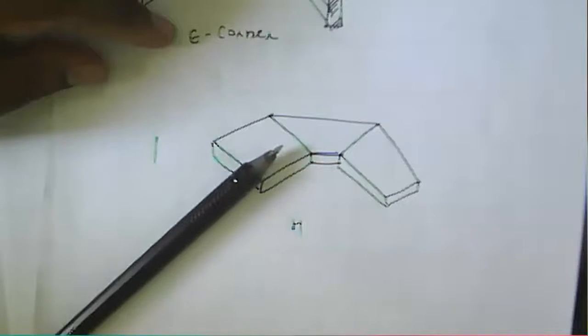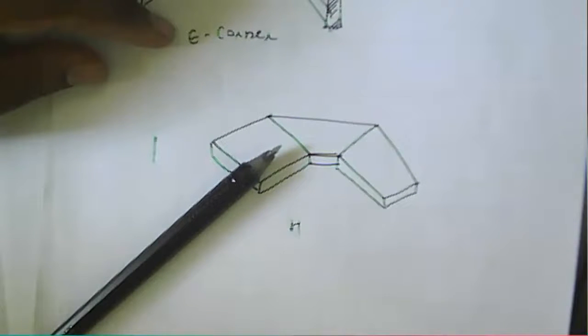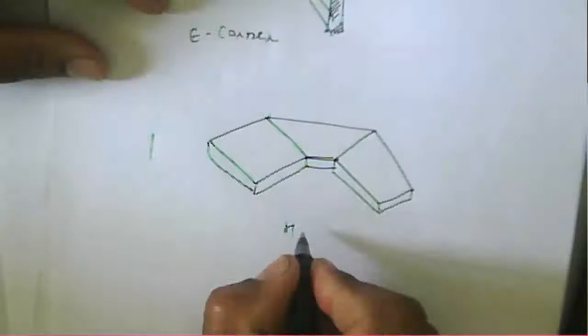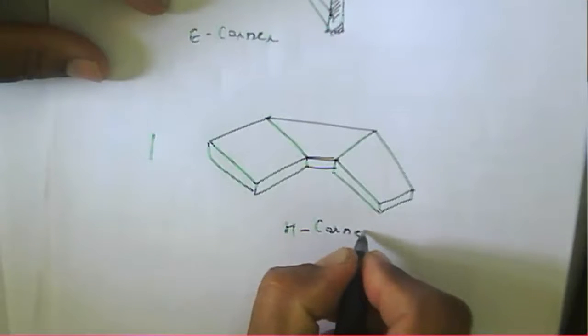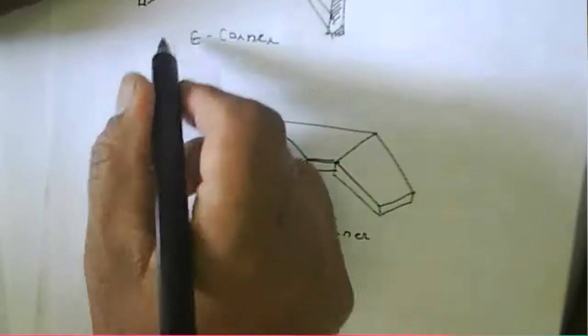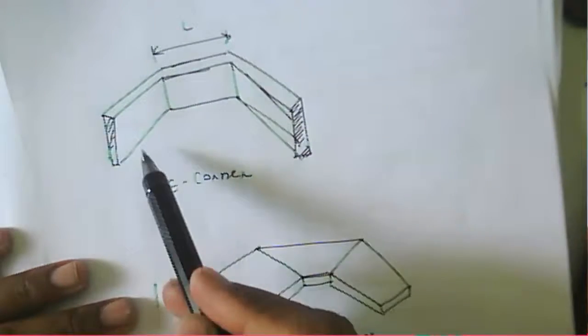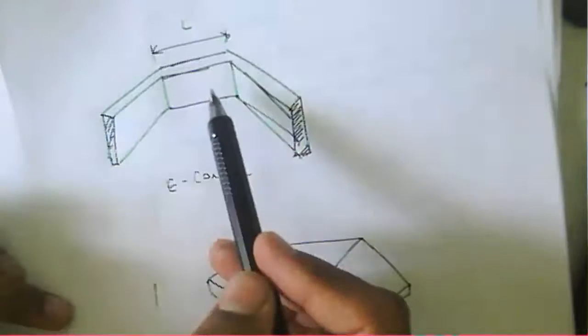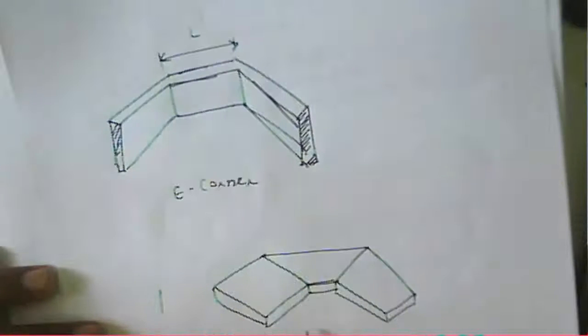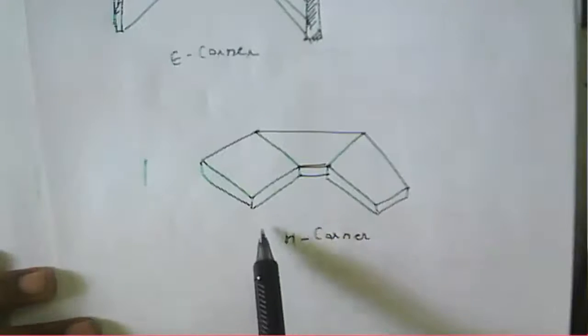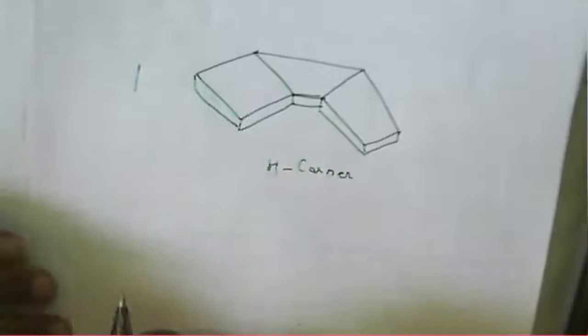Okay, this is called an H corner. We can say E corner or H corner. In an E corner, your electric field component is bent, the corner in the E plane; here, the corner in the H plane. That's why it is an H corner or an E corner.